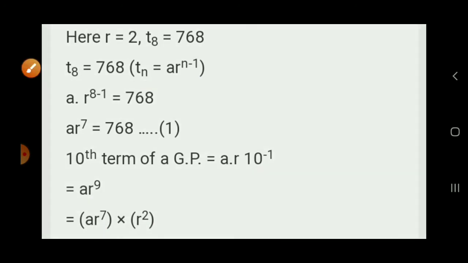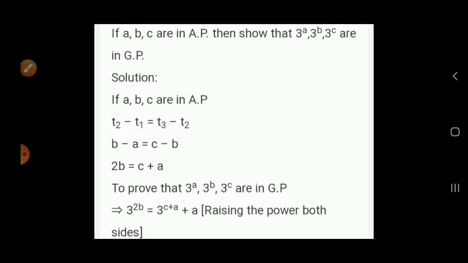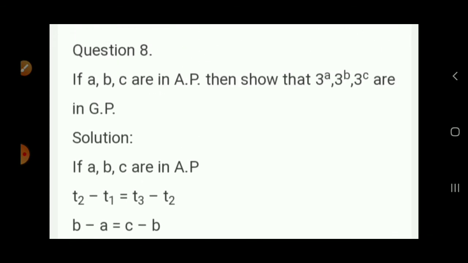So A R power 9 is A R power 7, which we already have as 768, and R square, 2 square, that is 4.